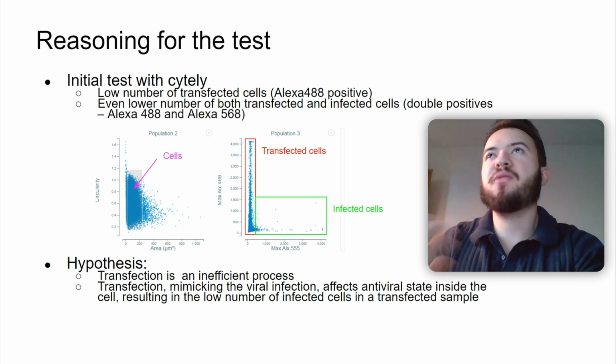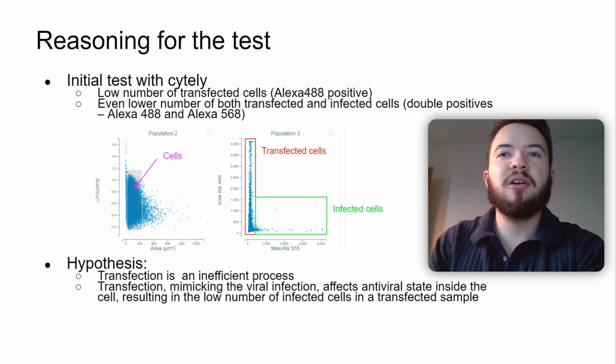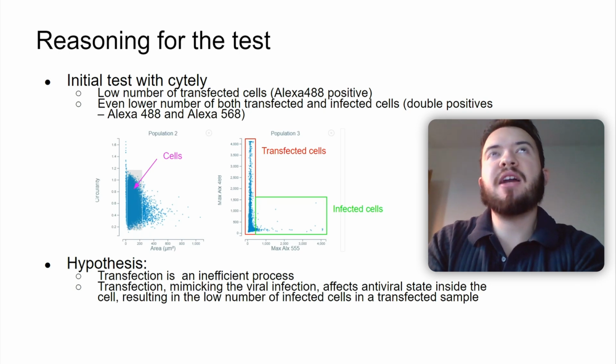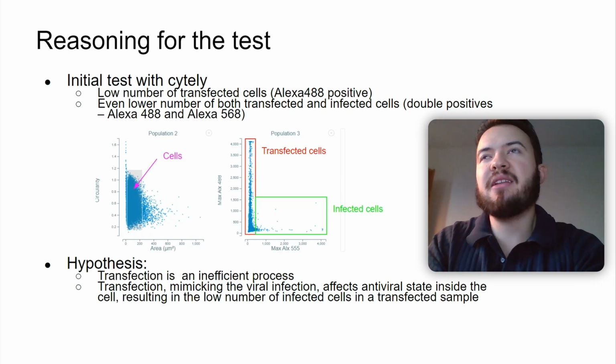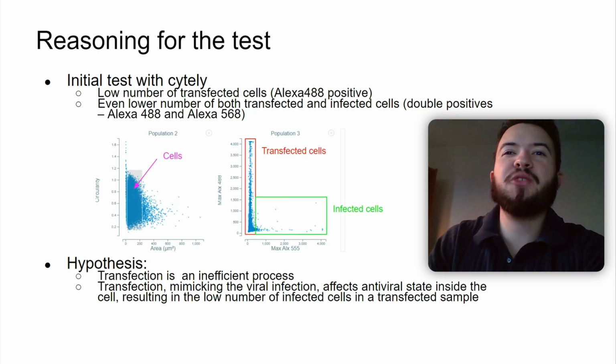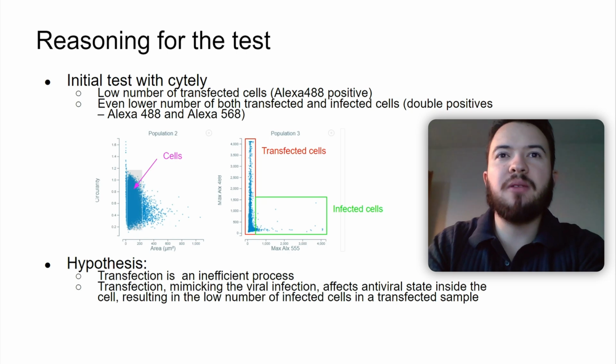It's coating of a DNA in a lipid particle, and this particle introduces a foreign DNA to a cell. So the hypothesis was that this will activate an antiviral state in the cell, and after the transfection happened, we wouldn't be able to infect the cell since the antiviral state was already introduced.